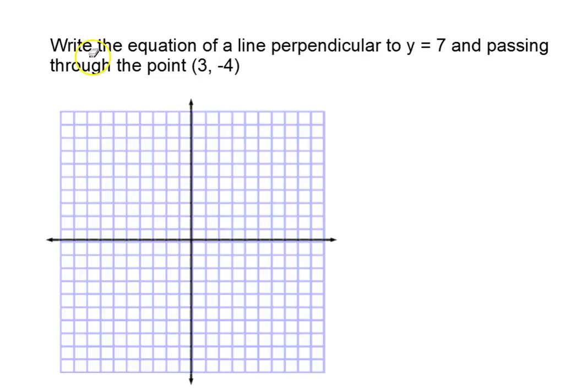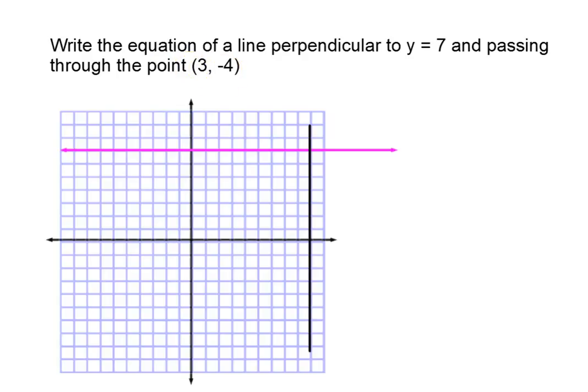What if we want a line perpendicular to y equals 7? Well, I'm going to go ahead and sketch y equals 7 again. That was right here. And this time we want a perpendicular line to that. So we're going to want a line that looks like this, but I have to figure out where it goes. Well, it goes through the point (3, -4).